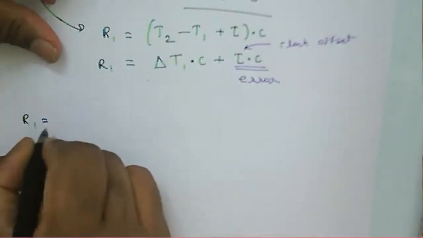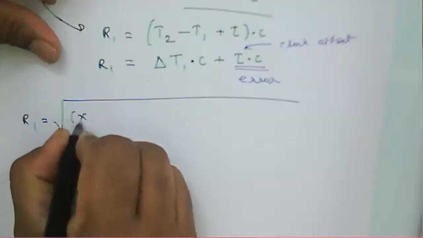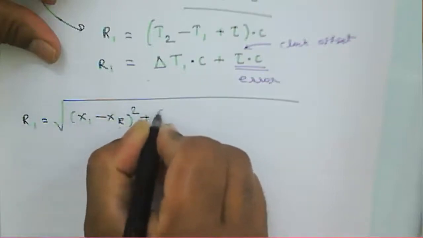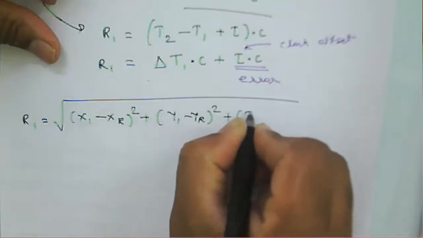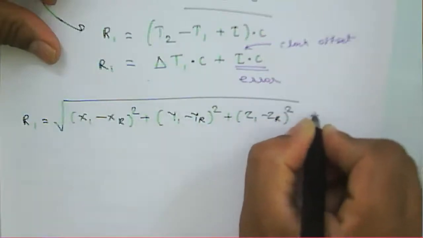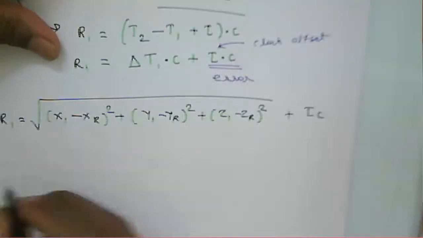So we can write R1 is equal to the square root of (x1 minus xr) squared plus (y1 minus yr) squared plus (z1 minus zr) squared plus the error, tau into c.